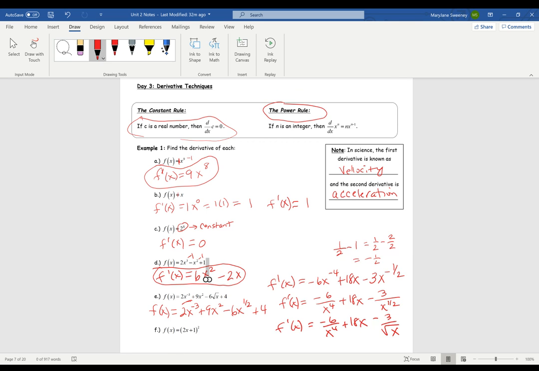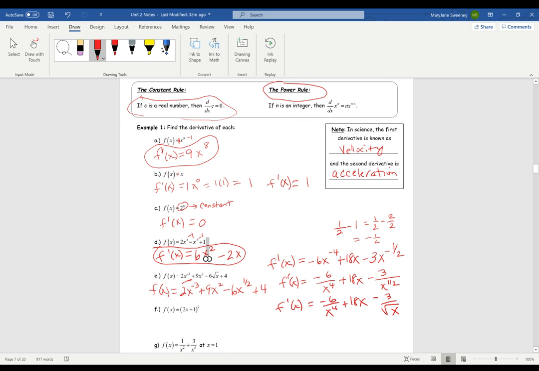Now, sometimes people get bothered by that because they say, wait a minute, I thought you don't leave a square root in the denominator. When we're doing derivatives, we can, because usually we're going to plug in a number, and I want it in this form where it says square root of x, so I can plug in the number.